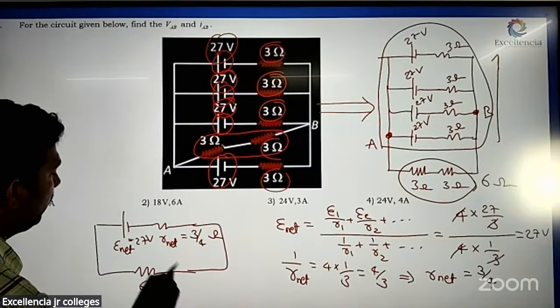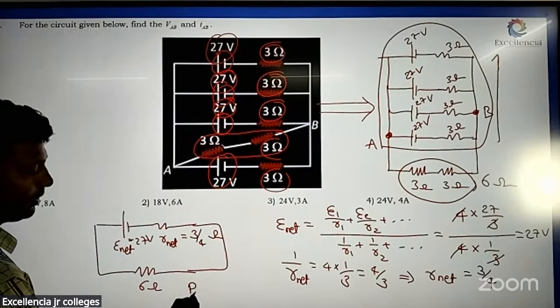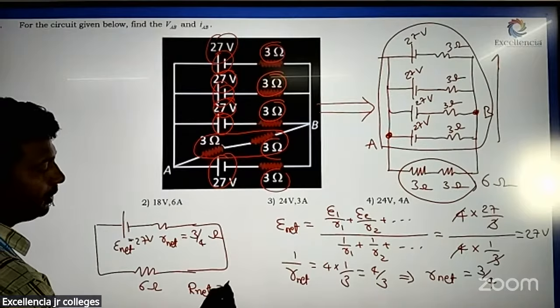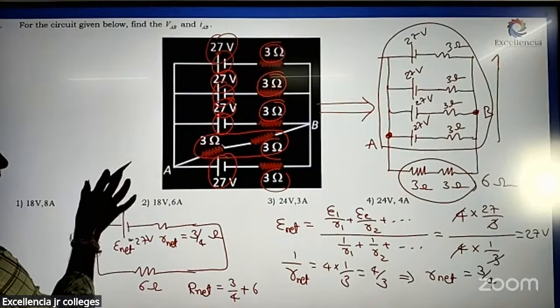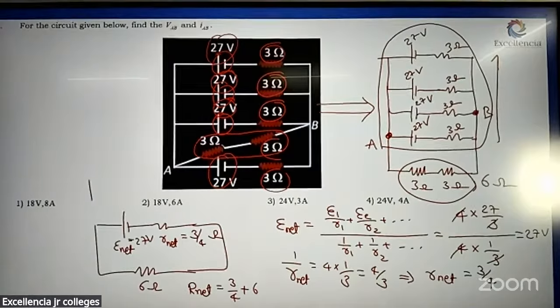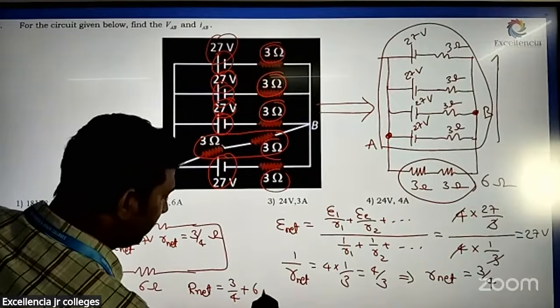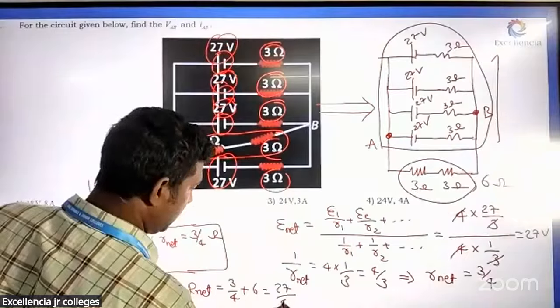Now we can find the total resistance, which is equal to 3 by 4 plus 6 ohms. How much are we getting here? From this, we get 27 by 4 as the net resistance.